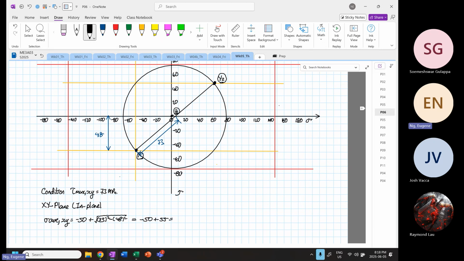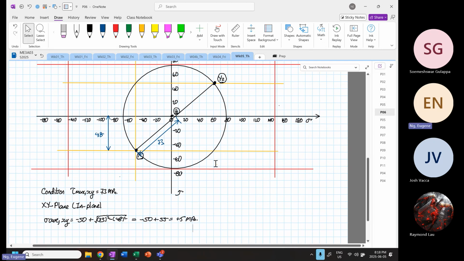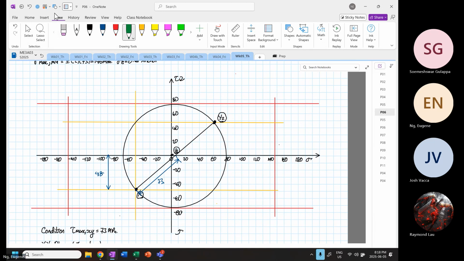Let me check 73 squared minus 48 squared. Yeah, 55. So this is equal to positive 5 megapascal. Okay, so now this is our stress average line.